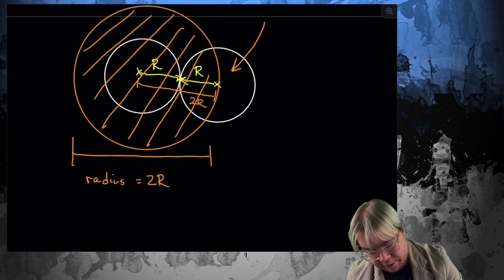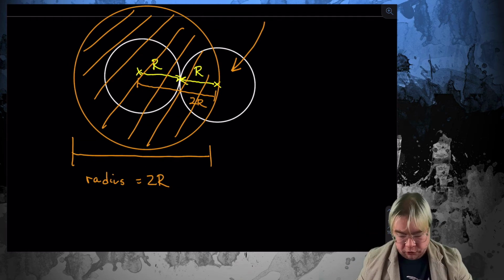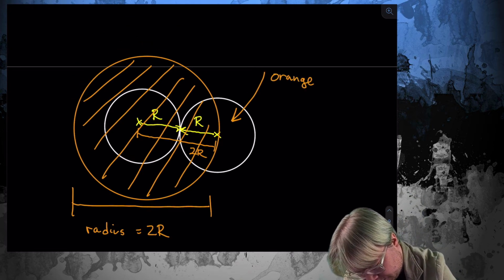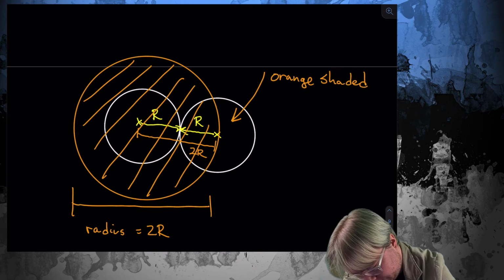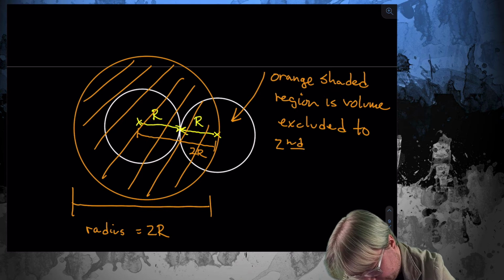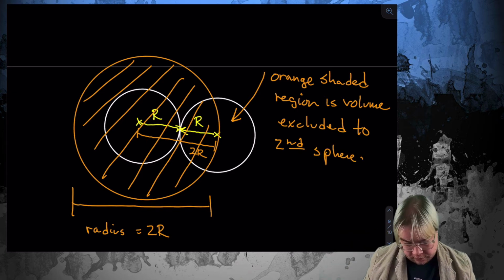So again, in orange here, this volume is excluded to this region here. So the orange shaded region is the volume excluded to the second sphere. It can't get in there.